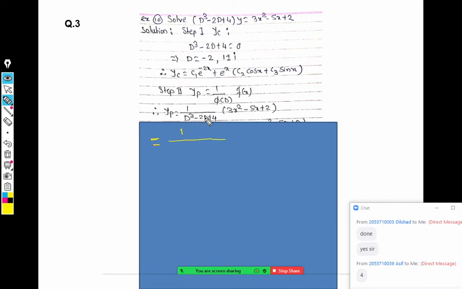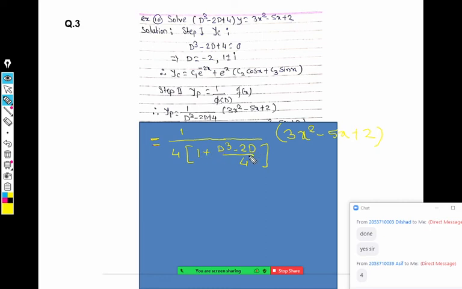This is the cubic term, linear and constant. Constant 4 is taken common, and we are left with 4 by 4 is 1 plus d cube minus 2d divided by 4. This way. And this is as it is, 3x square minus 5x plus 2. So that will be as it is there. Okay. Now it is like the 1 upon 1 plus t form.